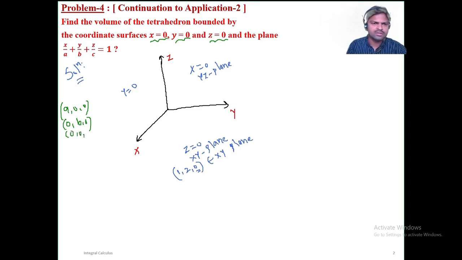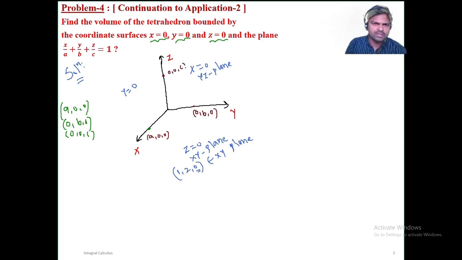Since this is x axis, let us call this point a comma 0 comma 0. And this point, since it is on y axis, is 0 comma b comma 0. And this is z axis, therefore this point is 0 comma 0 comma c.